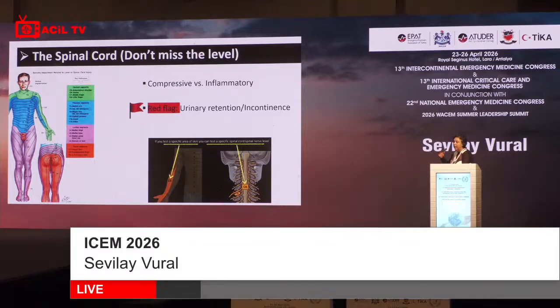And they mostly have neurological examination findings also. Red flags are, again, another common symptom for leg pain pathologies. Urinary retention and incontinence in this patient. So we have to look for extra clues with the patient.